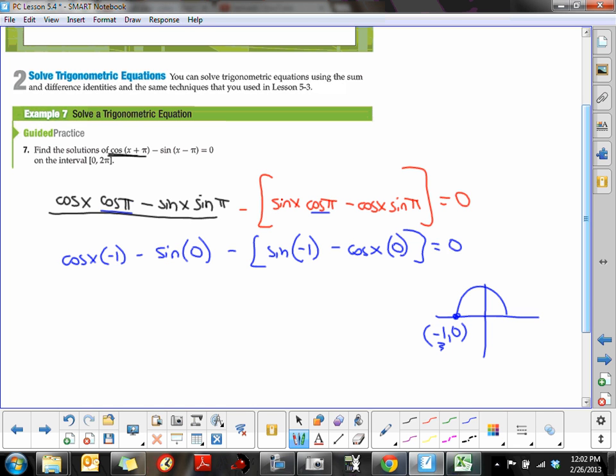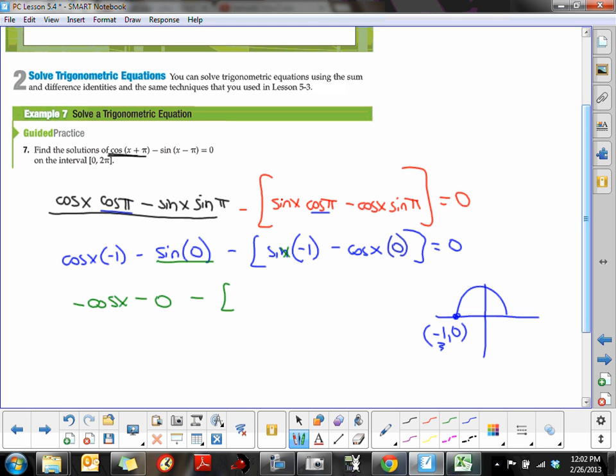Now I'd like you to put in those zeros and -1s so that you can show your reader of your proof or of your equation what you're doing. Be very articulate in how you tell people what's going on in your equation. So this will end up being a negative cosine of x. Okay, now this one we have is minus 0, minus the sine of x times -1.